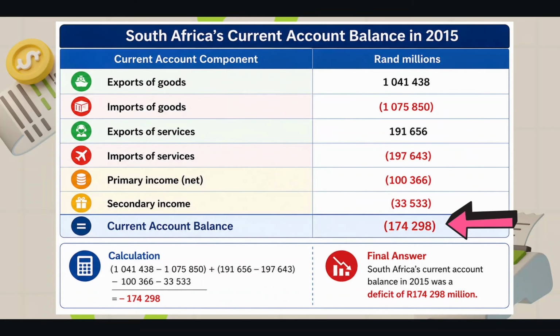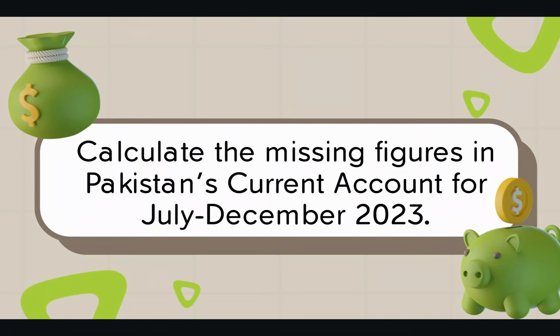Now, if we put it all together, our answer will be minus 174,298 deficit.